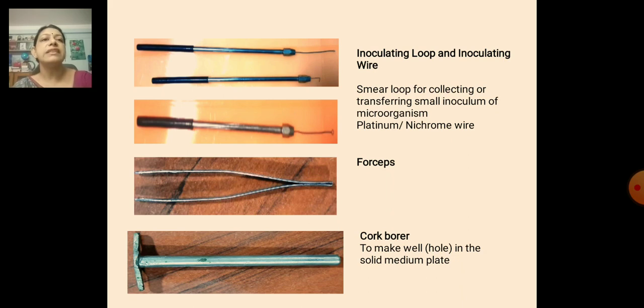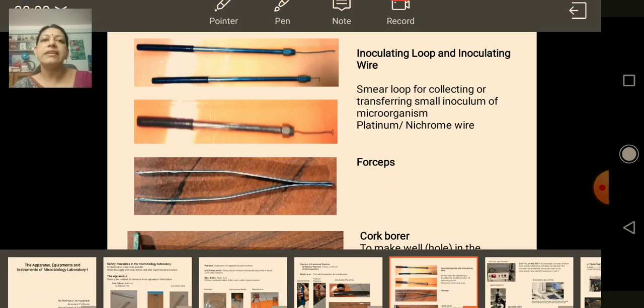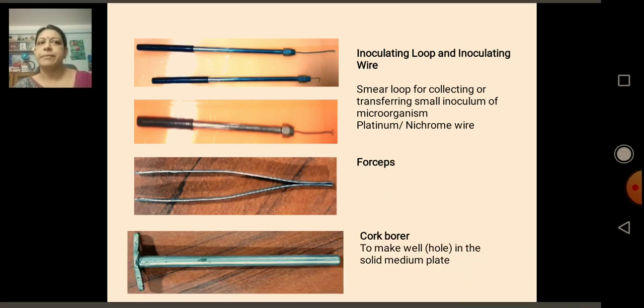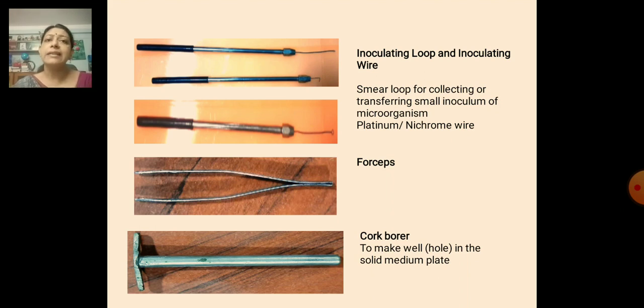Here, if you enlarge it, you can see a small circular loop made with the wire, and in the case of the inoculating wire, a straight wire is kept. The other name for the inoculating loop is the smear loop, used for collecting the inoculum and sticking it on the surface of the plate or on the slant, or adding it into the liquid broth. The inoculating wire is also called the inoculating needle.